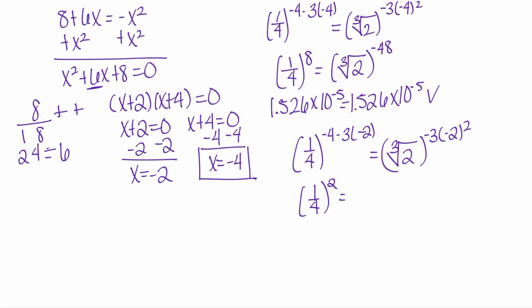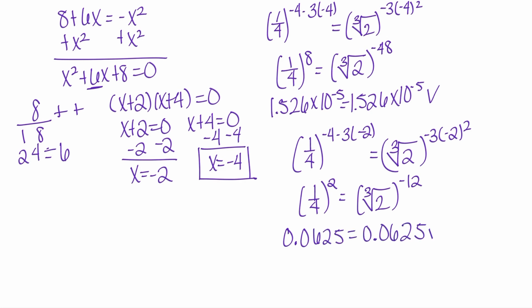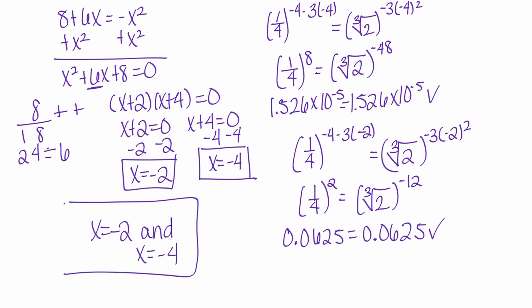And that equals the cubed root of 2 raised to the 2 squared, which is 4. 4 times negative 3 is going to be negative 12. And this is going to tell you that 0.0625 equals 0.0625. So this answer also does work. Okay, so x equals negative 2 and x equals negative 4. Both of these values are solutions to our equation.